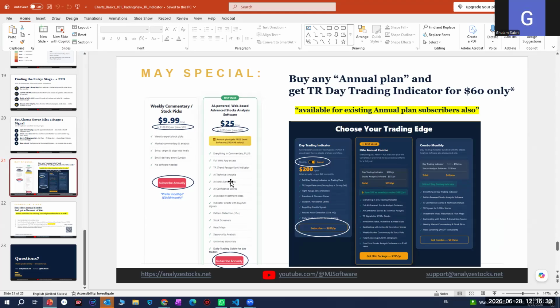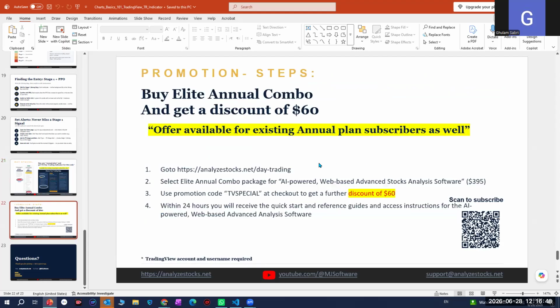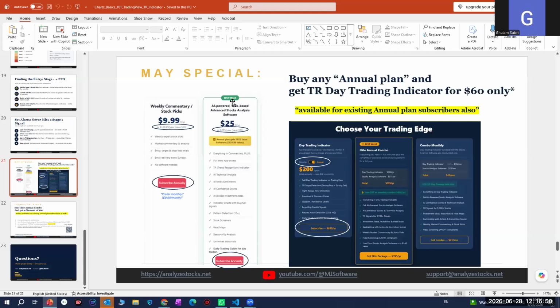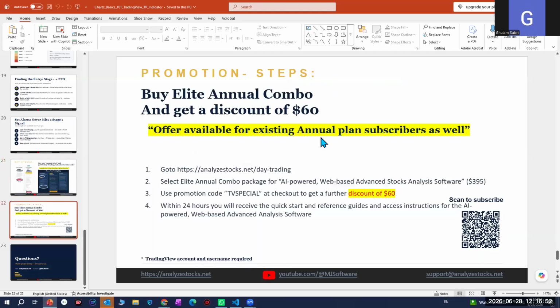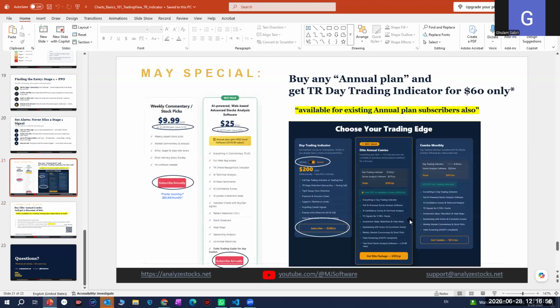The indicator has live data as well, but it's not for day trading. For day trading, you need a professional trading platform such as TradingView. So this combo package that I was explaining gives you both products: the main software as well as the TR indicator for TradingView.